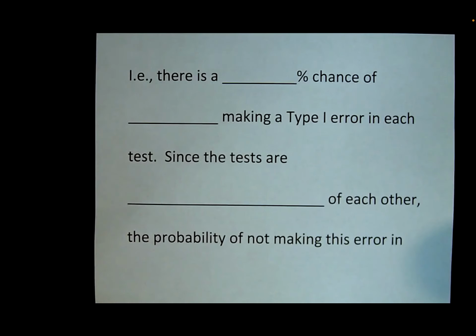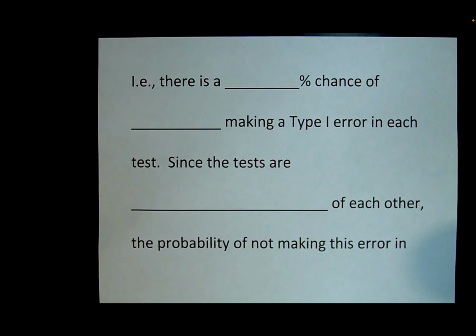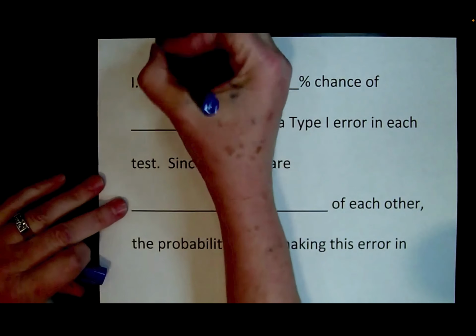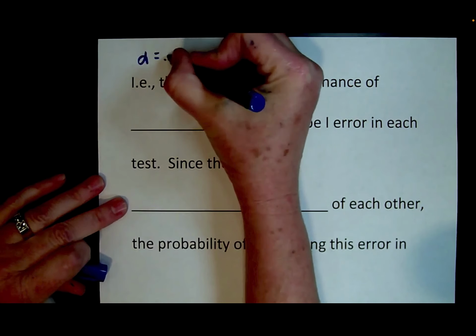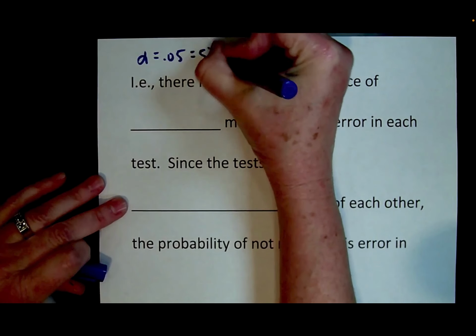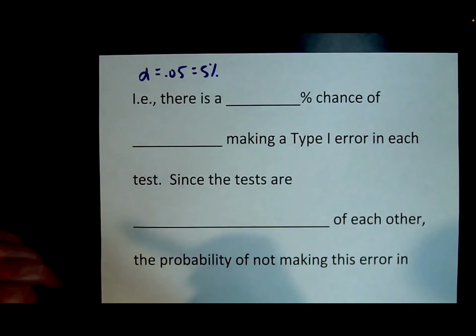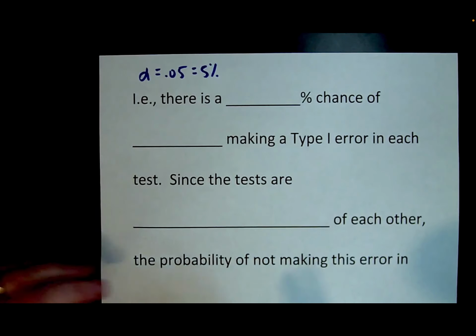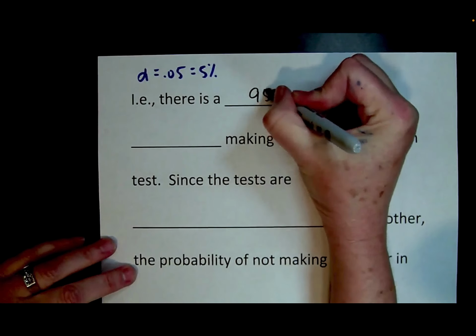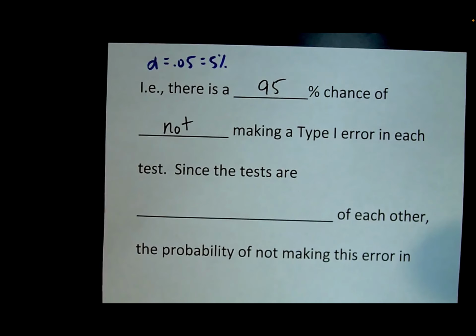In other words, at alpha equals, let me just make a note up here because I maybe should have expressed this better. So at the alpha equals 0.05 level of significance, in other words, the 5% level, this 5% chance of making a type 1 error means there's a 95% chance of not making a type 1 error in each of those tests.